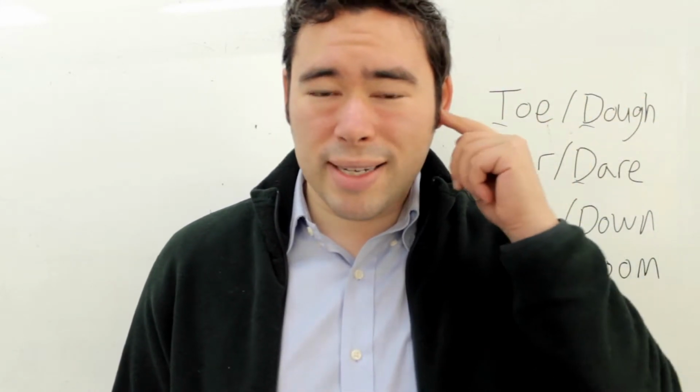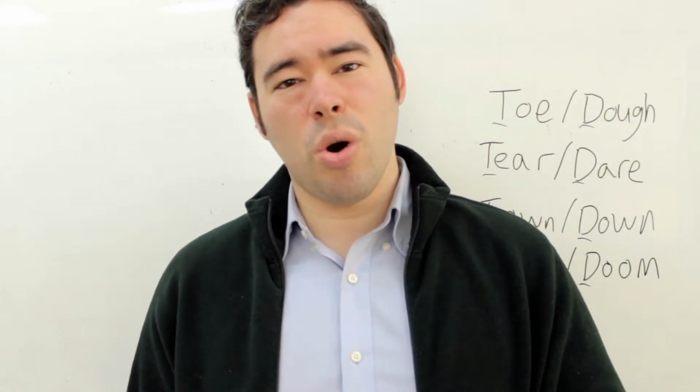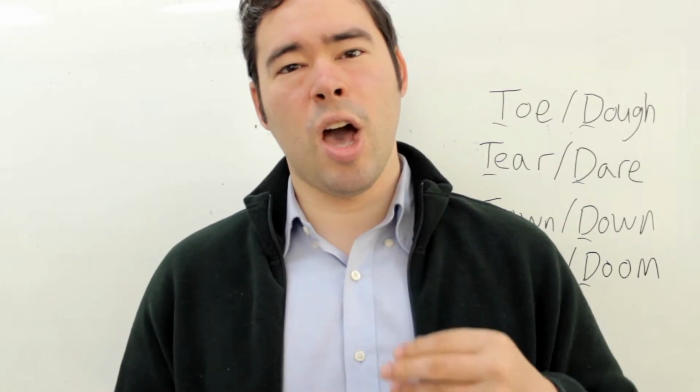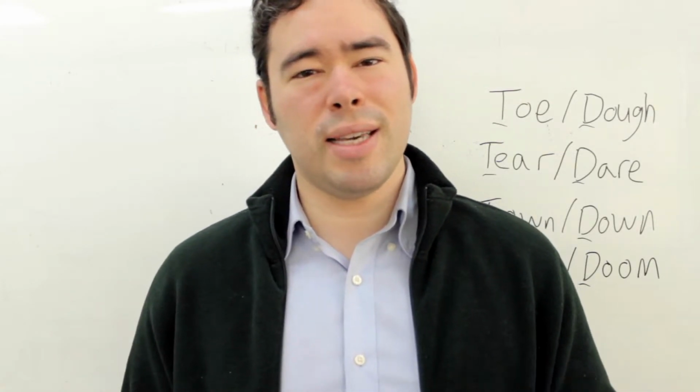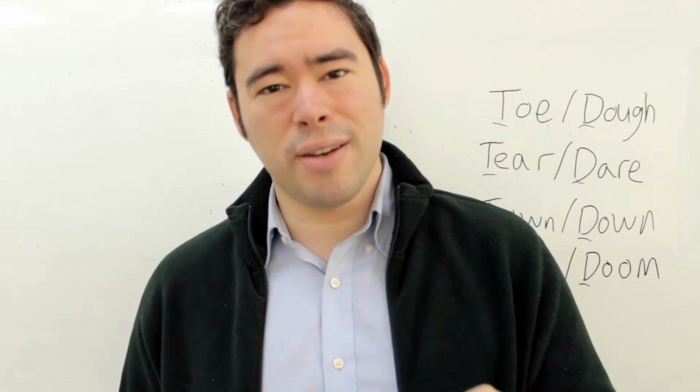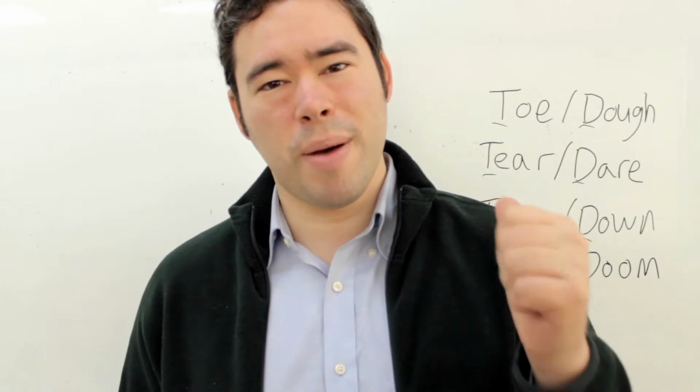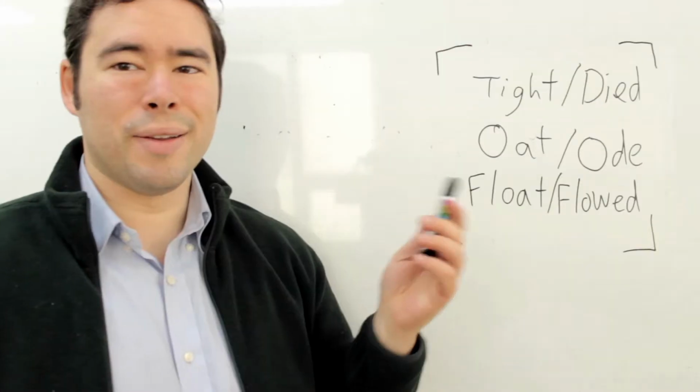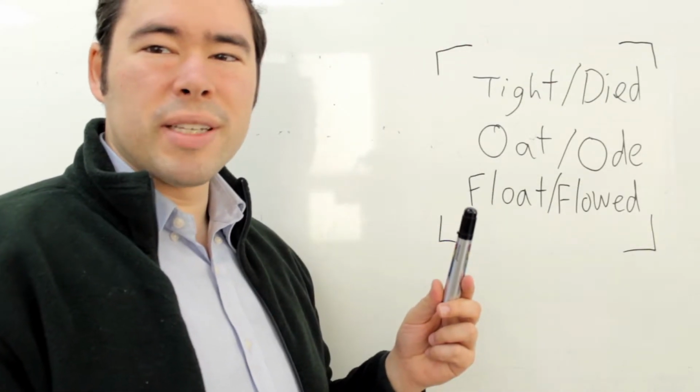So I want you to practice listening to that, and we're going to go over a small list of words to help you get used to hearing the T and the D sounds at the end of words. Let's throw them up on the board and get started. Here they are. Let's go over them together.